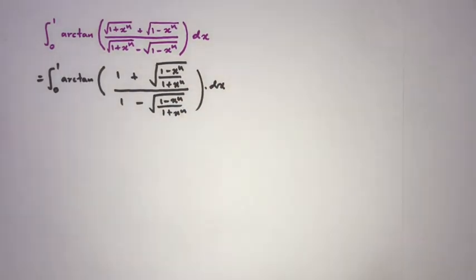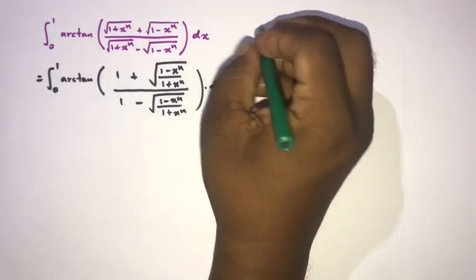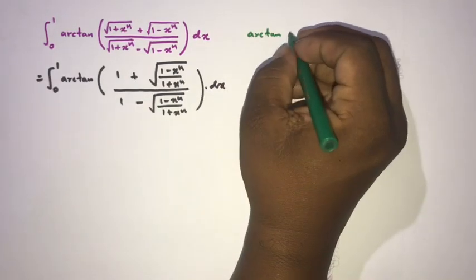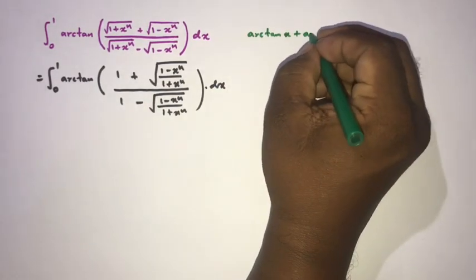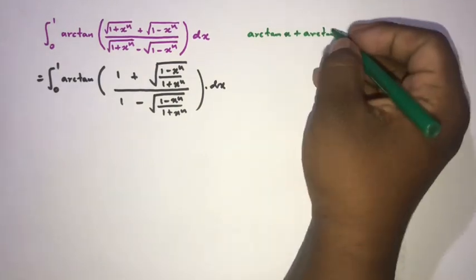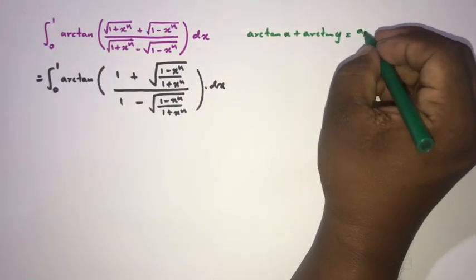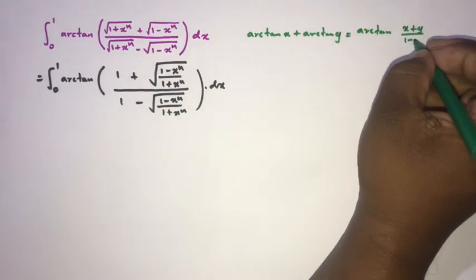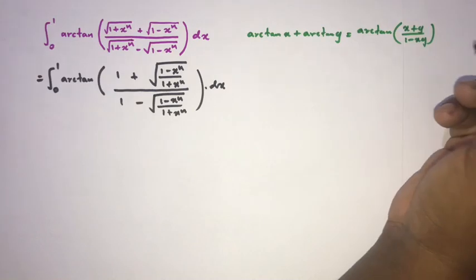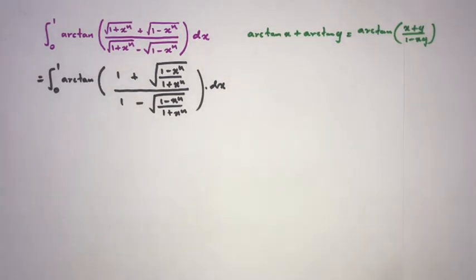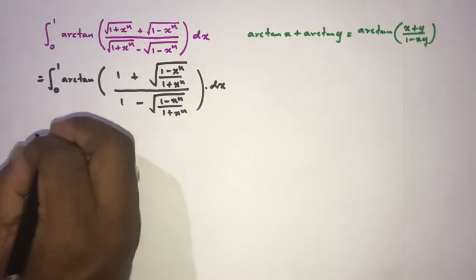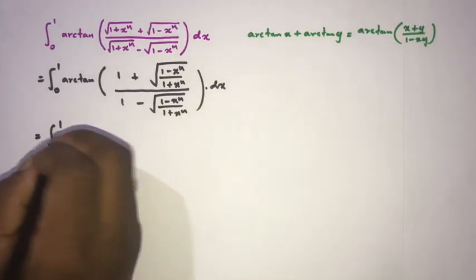Okay, then we know this property, this equation of arctan of x plus arctan of y is equal to arctan of (x plus y) over (1 minus xy). Okay, then here we can apply this formula. So we can write here this is equal to integral from 0 to 1.